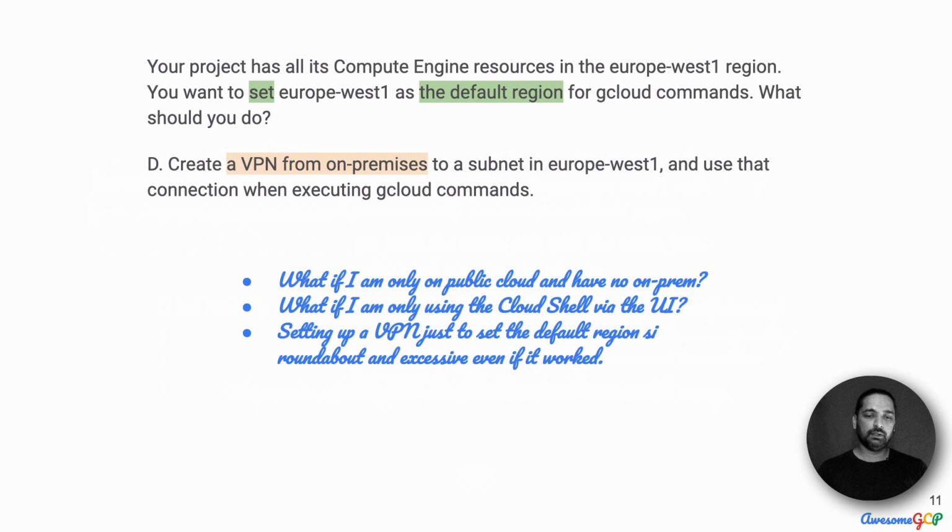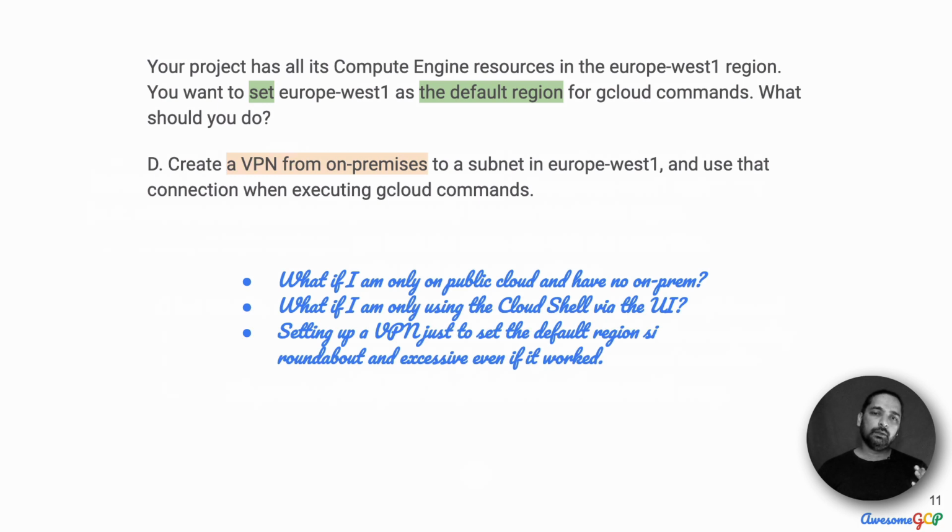All I have is, say, a Chromebook, and all I have is a browser, and I'm trying to log into Google Cloud Console. There is no concept specifically of an on-prem there, and then having to establish a connection via the VPN. What if I'm using Cloud Shell only via the Google Cloud Console? And of course, that particular instance could be anywhere in any region.